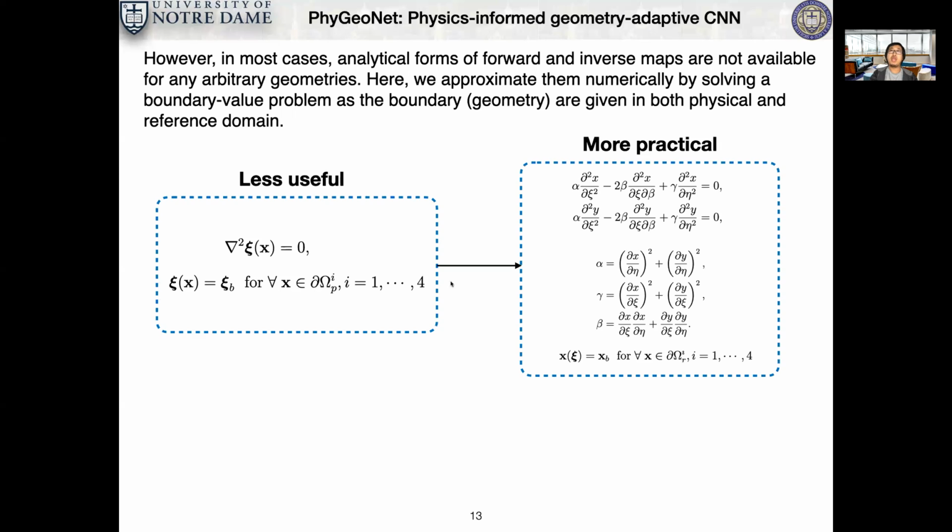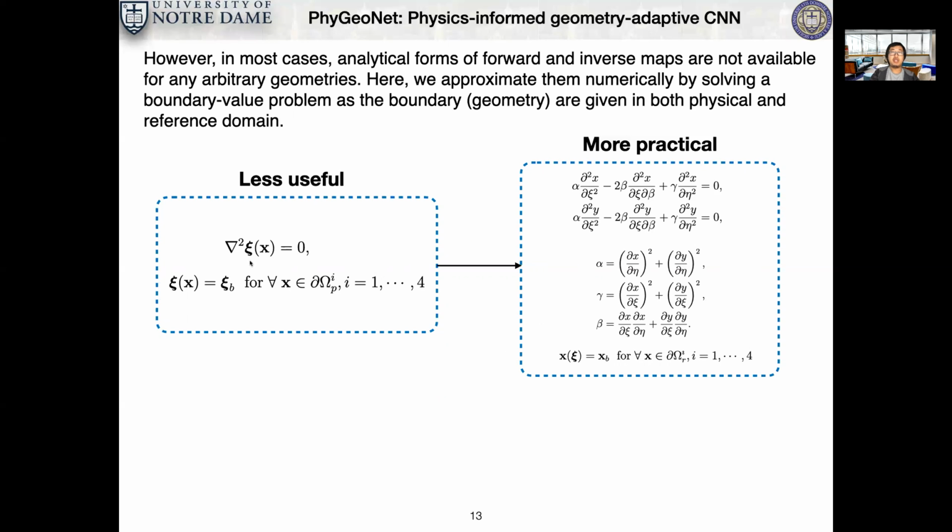For example, we can choose to solve Laplace equations on the physical domain to obtain the inverse map. However, this is not very practical, since the set of uniform grids corresponding to the physical boundaries is really unknown. Instead, it is more practical to solve for the forward map, which locates the corresponding collocation points in the physical domain, given the uniform mesh grid in the reference domain.